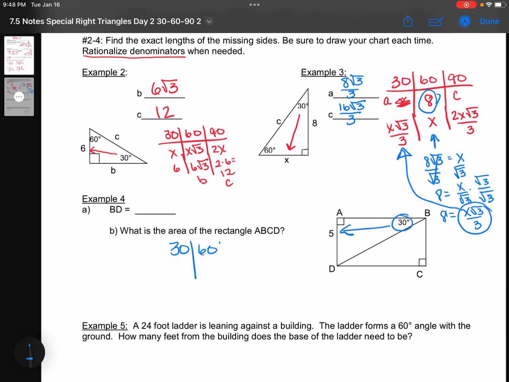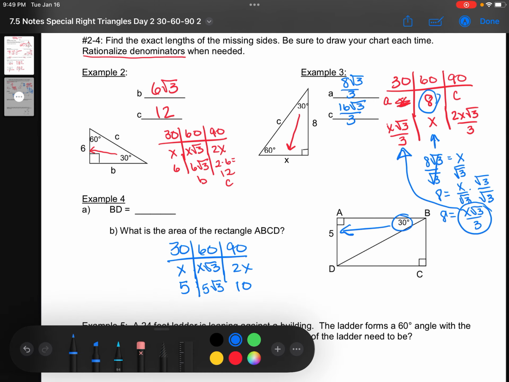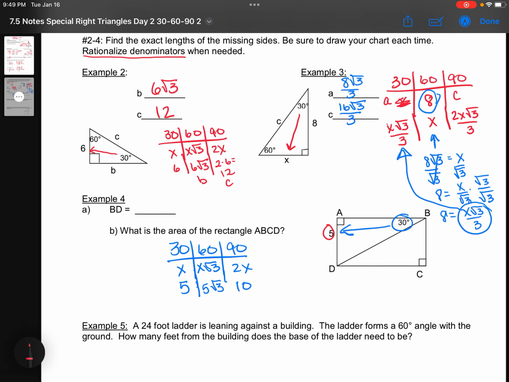All right, we have 30. So this one is our straightforward one. Because we have x, 2x, x square root 3. So 30 is 5 and 10. Okay, to find the area, I need to multiply this times this. So the area equals 5 times 5 times the square root of 3.